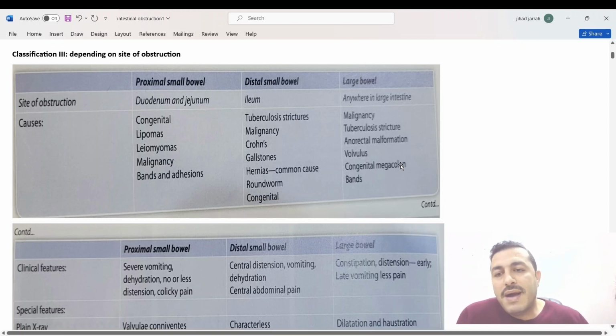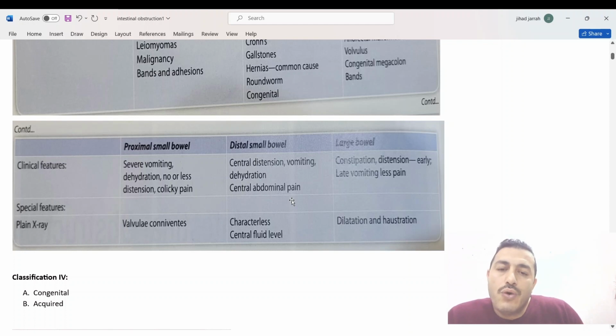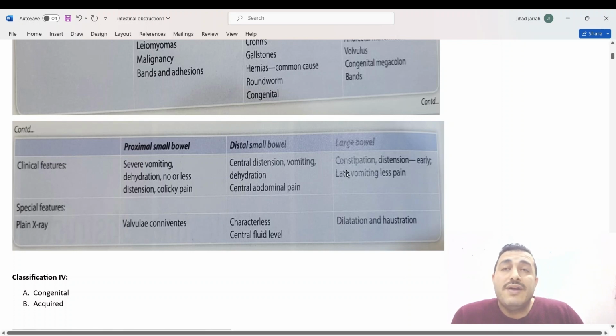So you can see that bands are more likely to be in the small bowel than in the large bowel. Clinical features: in the small bowel, vomiting is more prominent than constipation, while in the large bowel constipation and distension come earlier than vomiting.